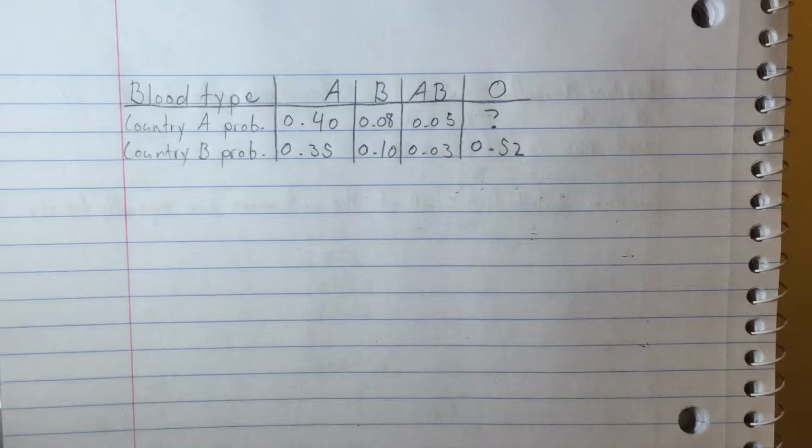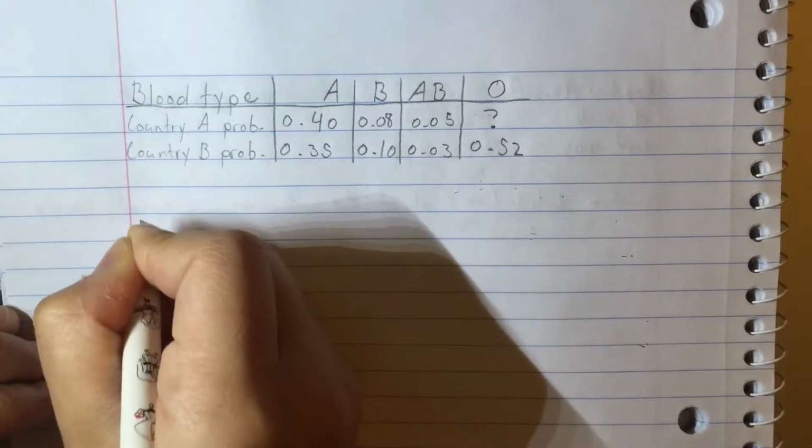First, let's go over some basic probability rules. Rule number 1 for probabilities.